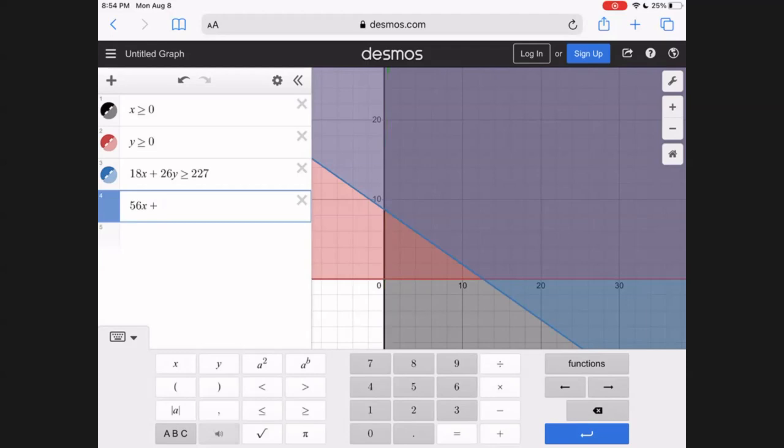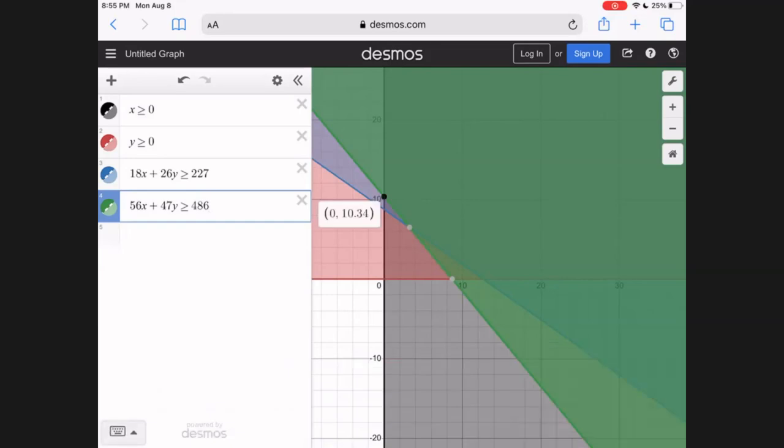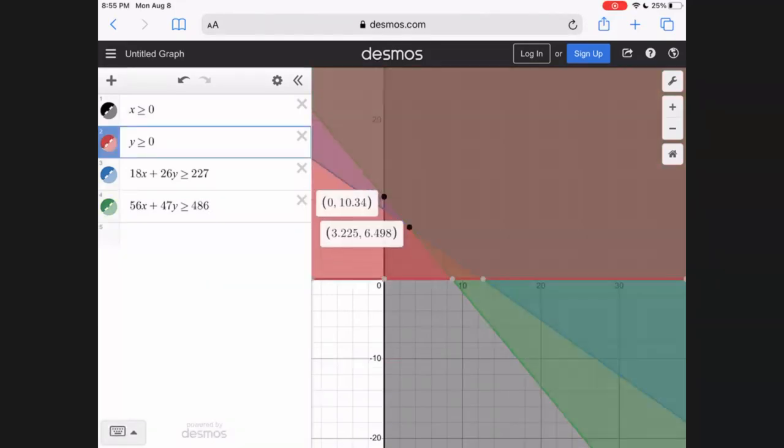56X plus 47Y is greater than or equal to 486. So we see here that this would be one value, this would be another, and that would be the other one, because those are the three in the complete shaded area.